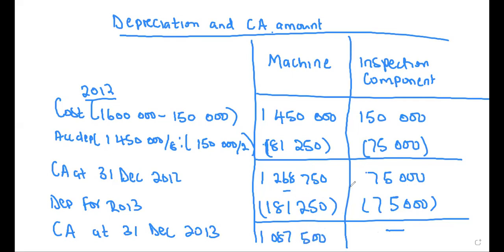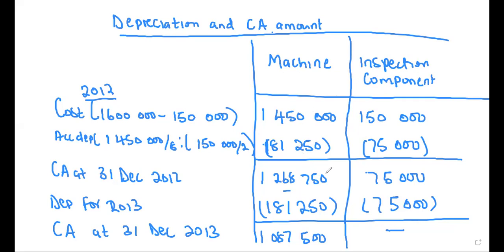So this is how you answer a question if it has an inspection component, which means you need to separate them. In some of the questions, you might find that there will be a replacement part. So you need to separate the replaced part and the machine so that you will be able to depreciate them.